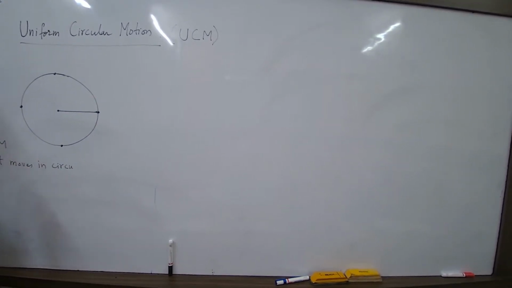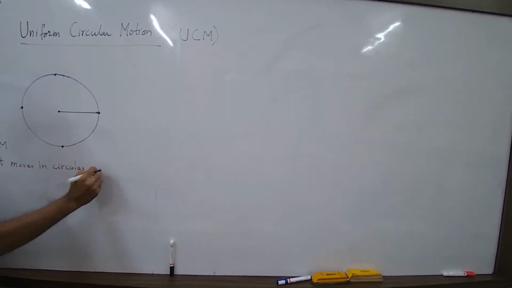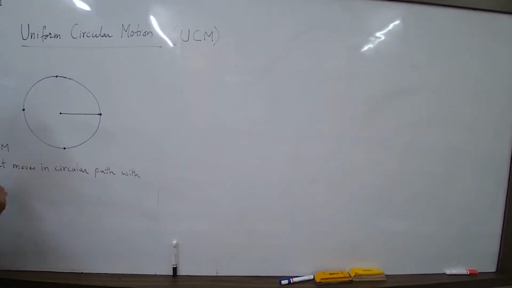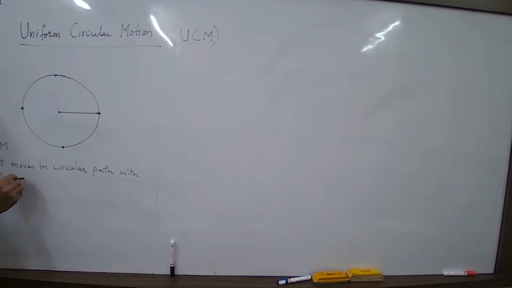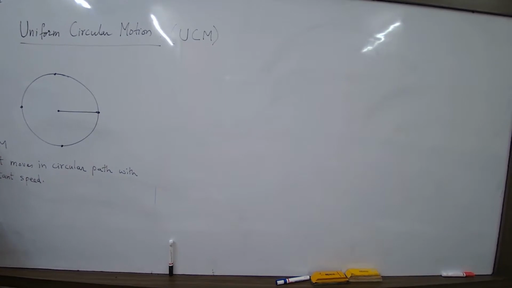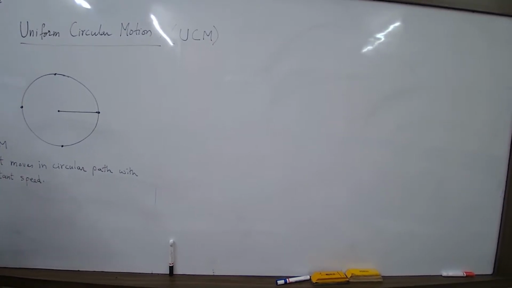You should be able to write it correctly. Object moves in circular path with constant speed. Right? So this is the first point. What is the other characteristic of an object undergoing UCM?